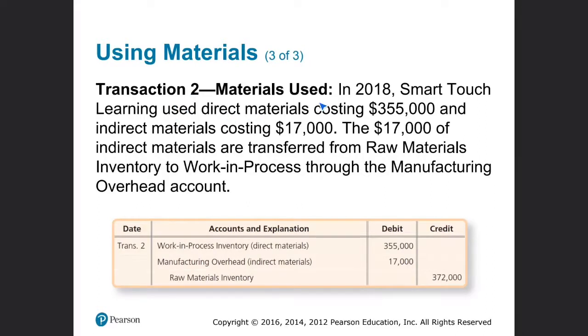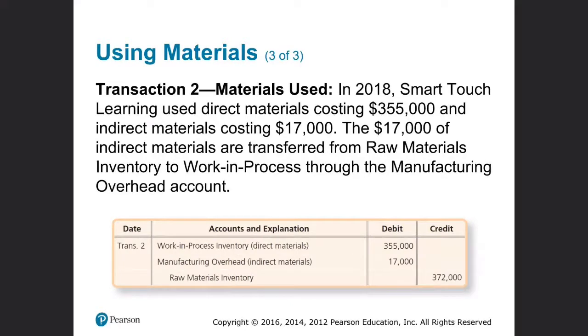We've used materials. In 2018, Smart Touch Learning used direct materials costing $355,000 and indirect materials costing $17,000. The $17,000 of indirect materials are transferred from raw materials inventory to work in process through the manufacturing overhead account.